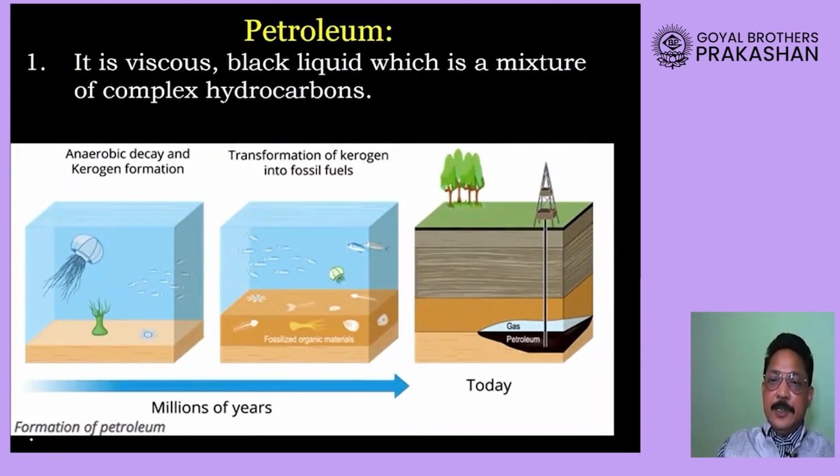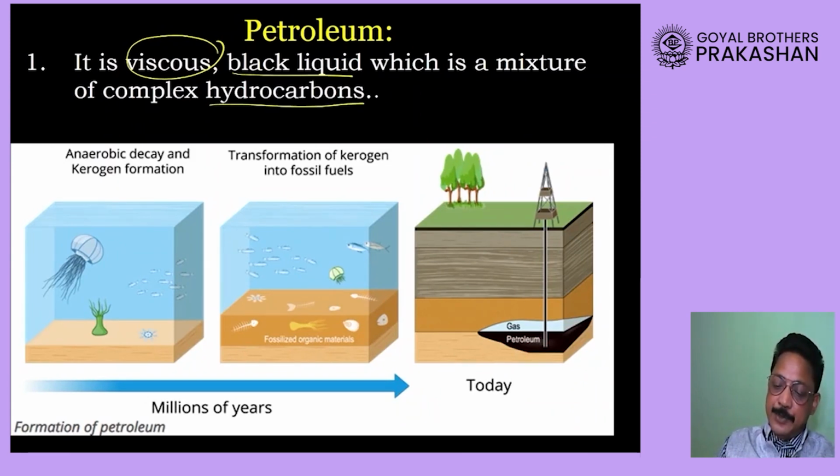Now, the next one, dear student, the next important energy resource for our country is petroleum. Petroleum is a viscous, meaning sticky, black colored liquid, which is a mixture of hydrocarbons, and these hydrocarbons are the ones that burn and produce energy.